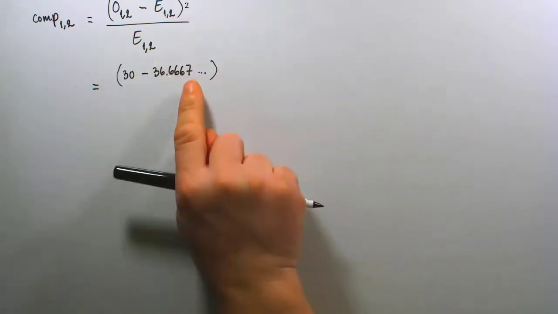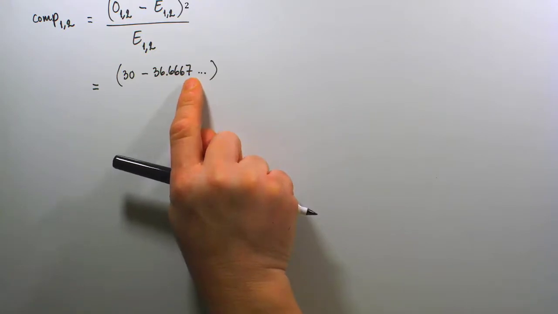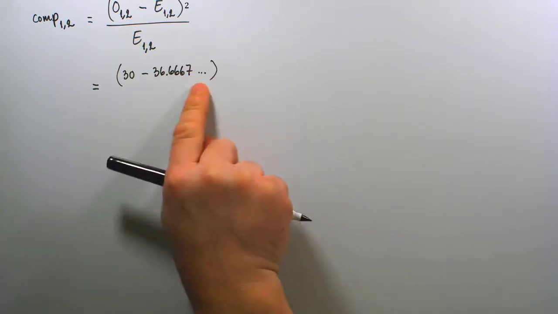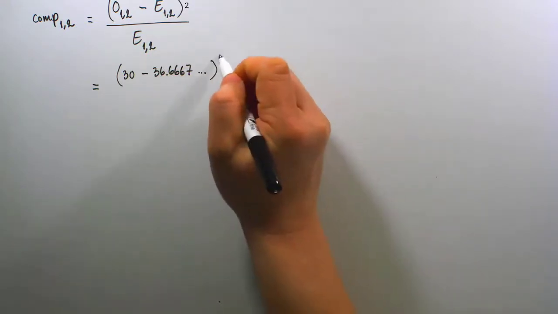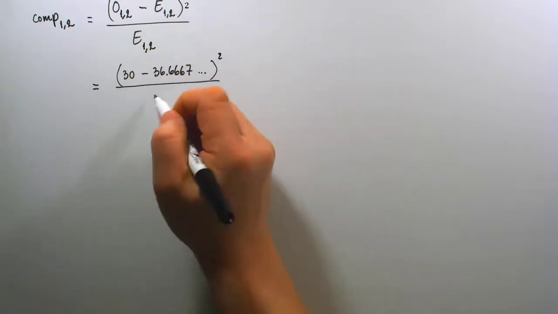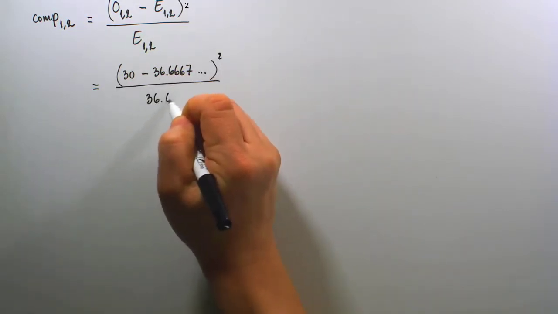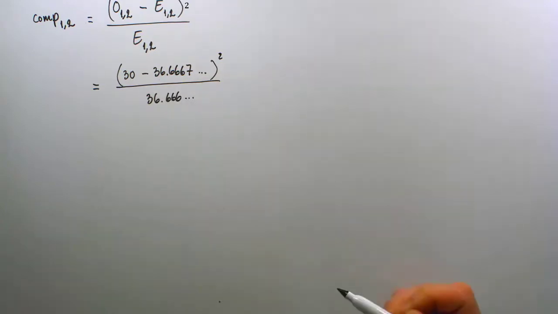Even though I'm rounding here, I actually use the full precision, so it's with the infinite 6 in the decimals here. And divided that by 36.6666. Maybe I shouldn't leave that last 7 anymore.